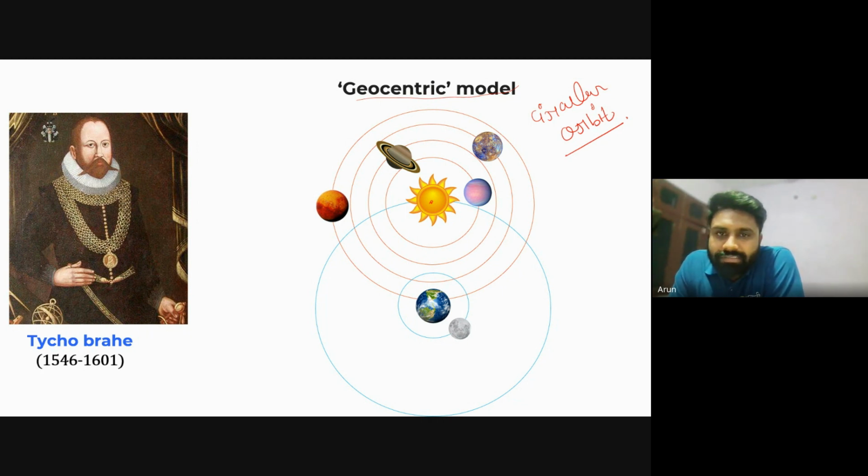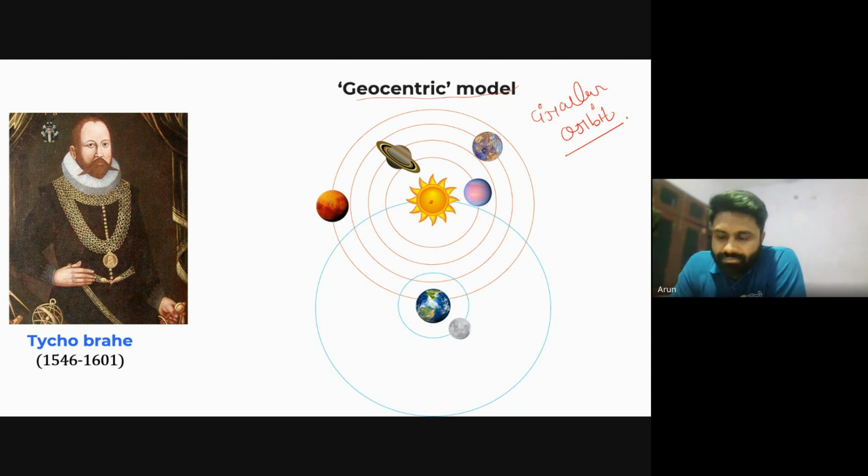The keen, very close observation was given by Tycho Brahe. He studied all the documentation Tycho Brahe provided for this geocentric model, and based on that data he remodified this model and developed three laws from it. We name them Kepler's laws of planetary motion.